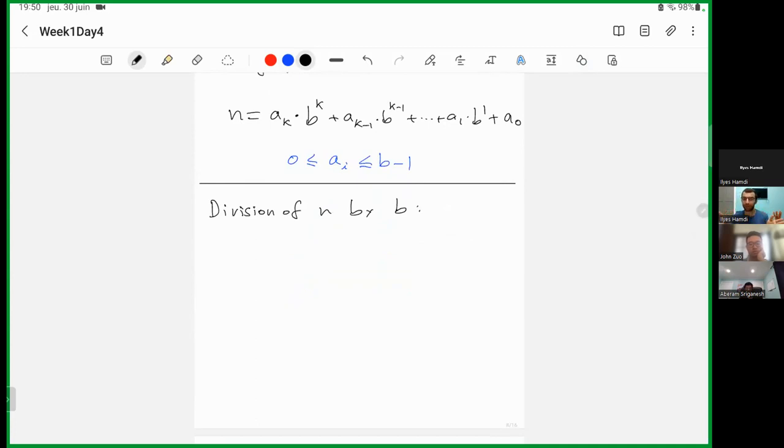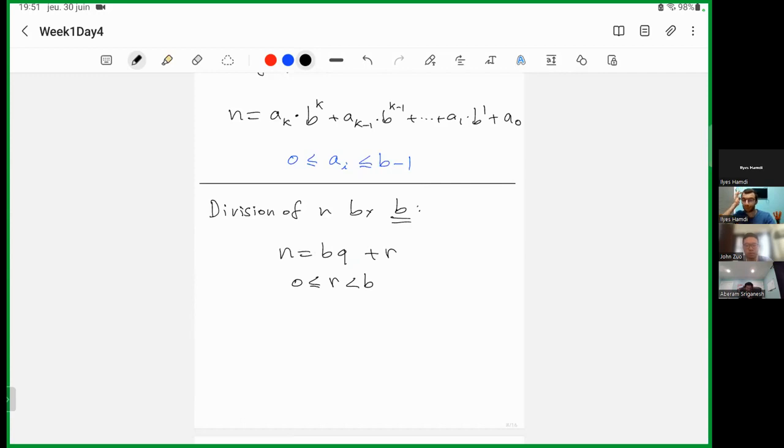So division of n by b, what did we say? We can just write the division algorithm, which gives n is equal to B times Q plus R, right? And what do I know about R? Well, I know that R is at least 0 and strictly less than B, because I'm doing my division by B, right? So this you guys remember.